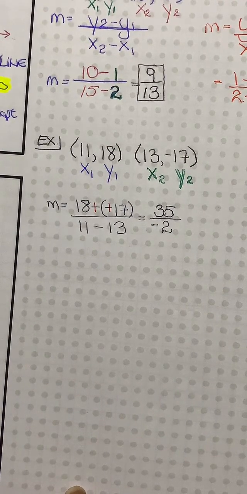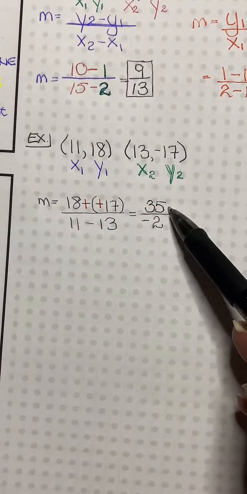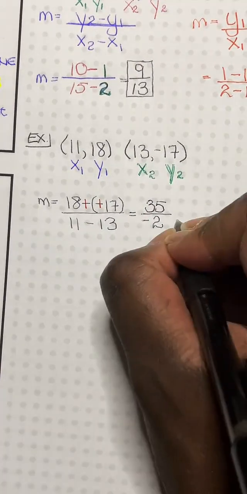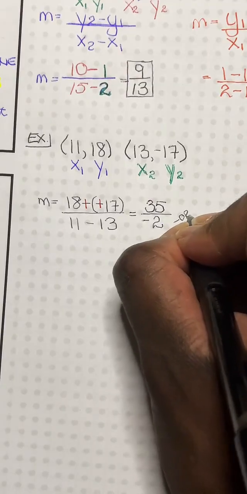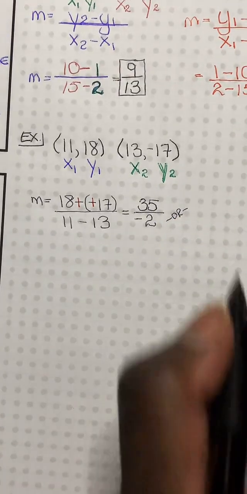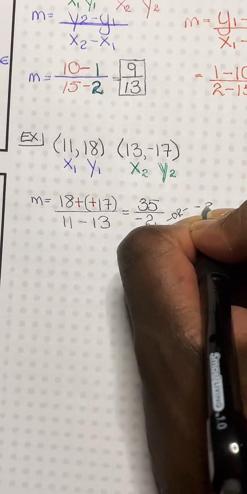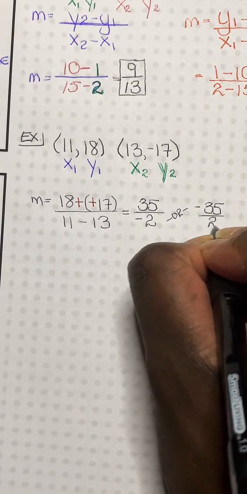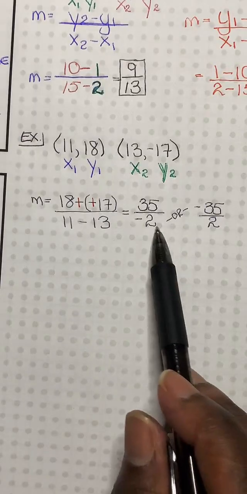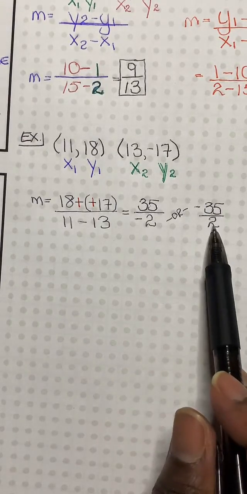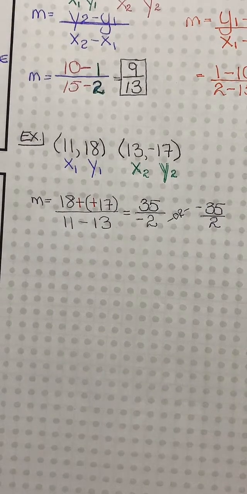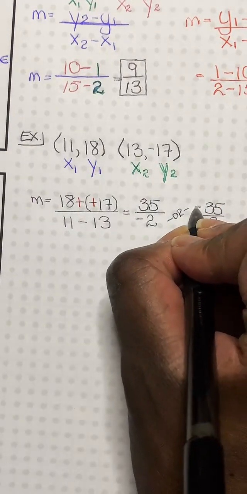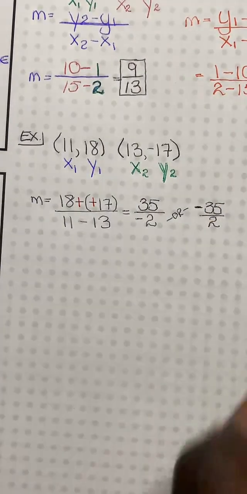Remember, 35 over negative 2, I'm going to write the word or, that's the same as saying negative 35 halves. You get to pick and choose which one is going to carry the negative. A great majority of the time, a lot of people like the numerator to carry the negative.